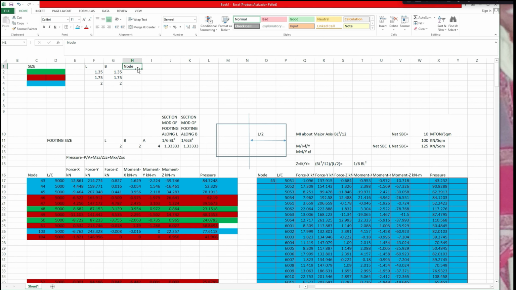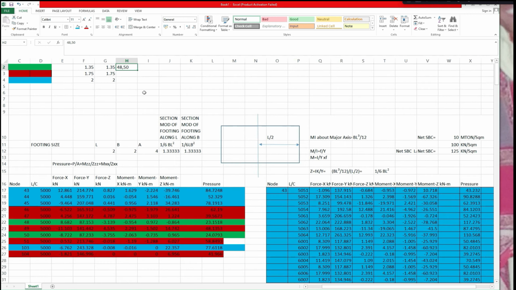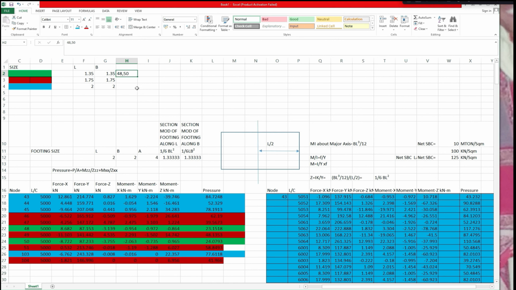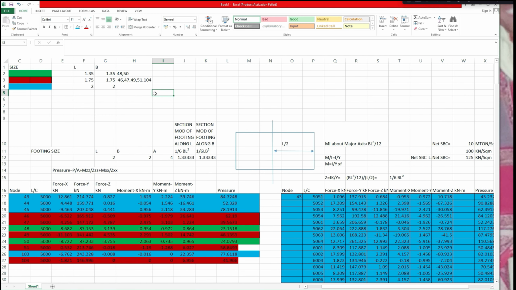So green is 48 and 50, and brick color is 46, 47, 49, 51 and 104, and 2 meter by 2 meters are, sorry, this is 2 meters, 43, 44, 45 and 103.